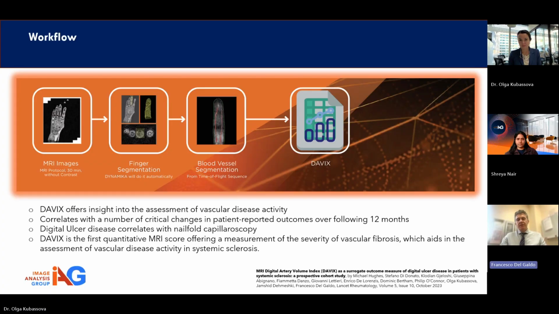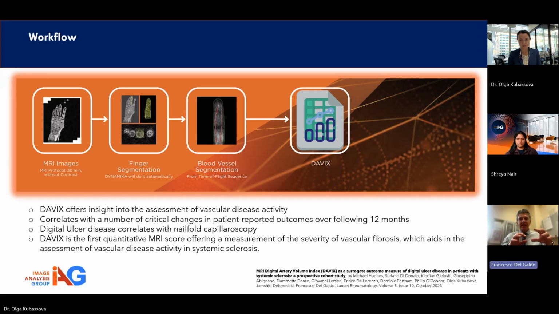So we found that the vascularization of the fingers was reflecting the overall disease activity, and this was published many years ago, showing that patients who end up developing digital ulcers are the same patients that eventually have pulmonary arterial hypertension.